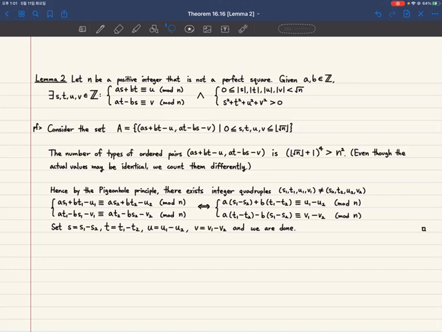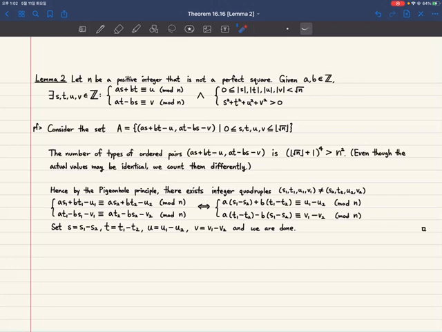Then if we're given integers a, b, there exist integers s, t, u, v such that as + bt is congruent to u modulo n, and at - bs is congruent to v modulo n, and the absolute values of s, t, u, and v are all between 0 and less than the square root of n, and s squared plus t squared plus u squared plus v squared is greater than 0, which basically says that not all of them are 0. Okay, so let's go over the proof here.